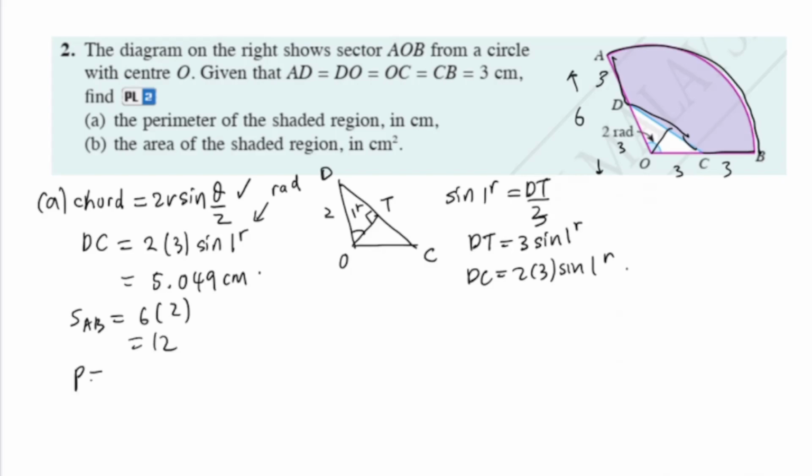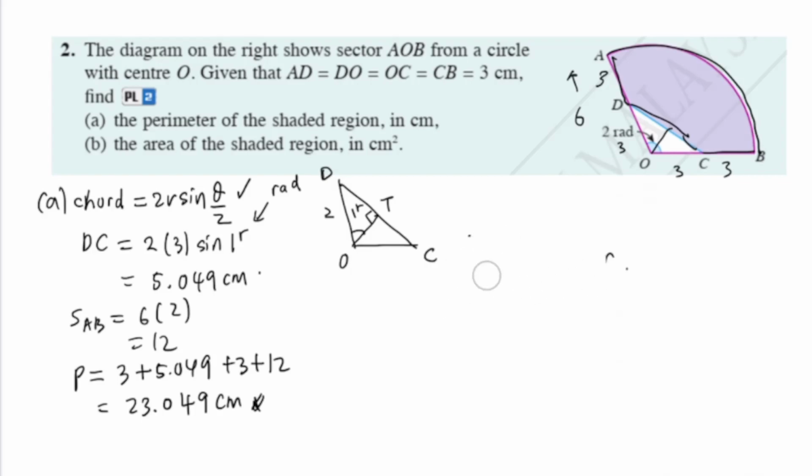So your perimeter will be, add them up, AD is 3, DC is 5.049, CB is 3, and AB is 12. When you add up, your answer is 23.049. Actually you don't have to use such an accurate answer. This is 5 SF, but I think the textbook uses this, so we'll just stick to 5 SF.